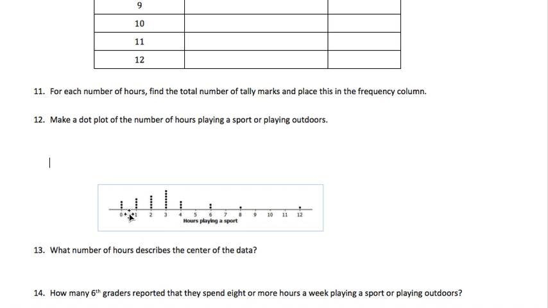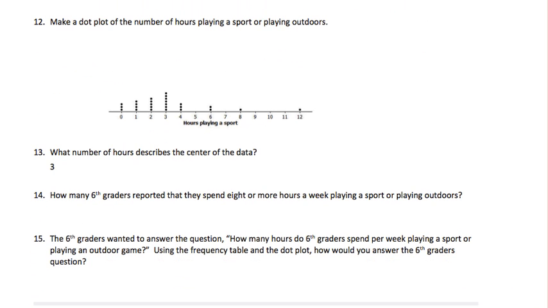And visually, it's a lot easier for us to describe the center and find where most of the data is when we put it in the dot plot. Number of hours that describes the center of the data is probably 3. And the number of 6th graders that said they spent 8 or more hours a week playing a sport are 2. There are 2 dots that are 8 or more.